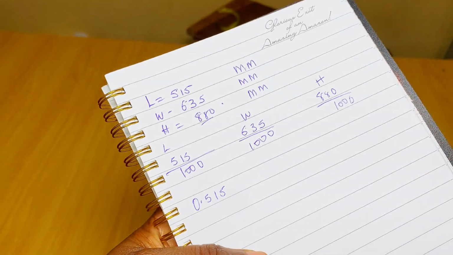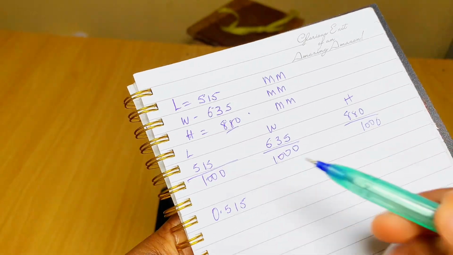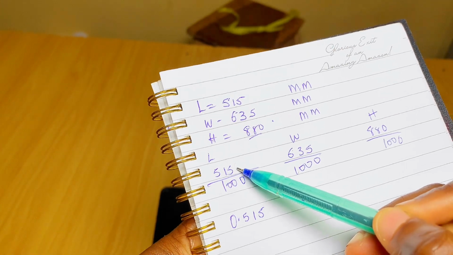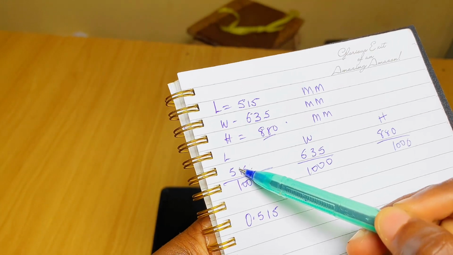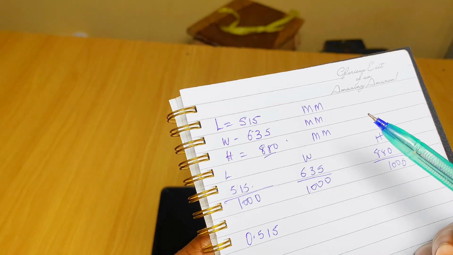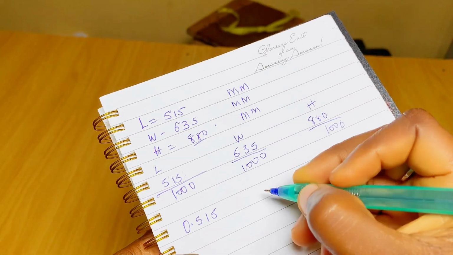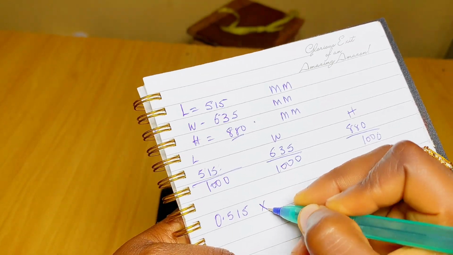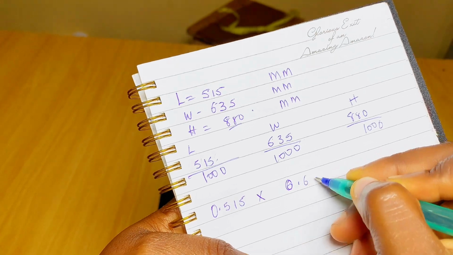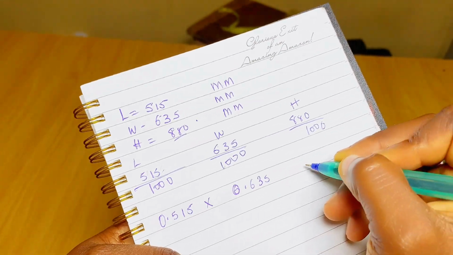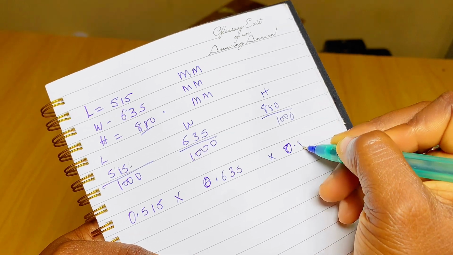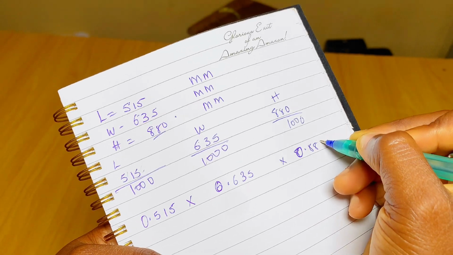0.515. You can press your calculator. When you are dividing by 1000, you're moving the decimal. So you are assuming that there's a decimal here, 1, 2, 3, so 0 before the decimal point. Here, multiply by 0.635, multiplied by 0.880.